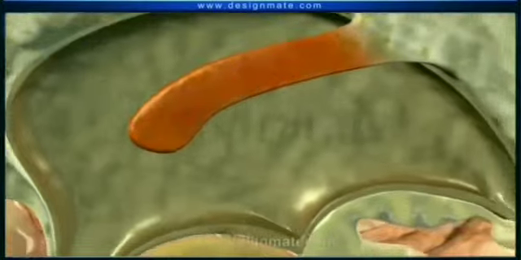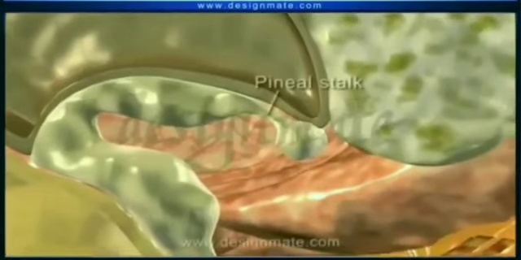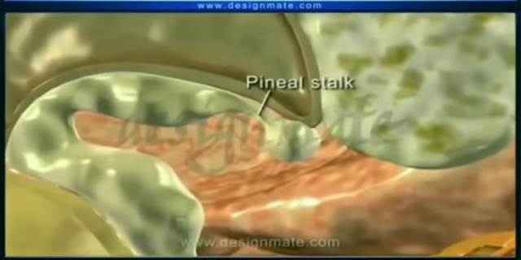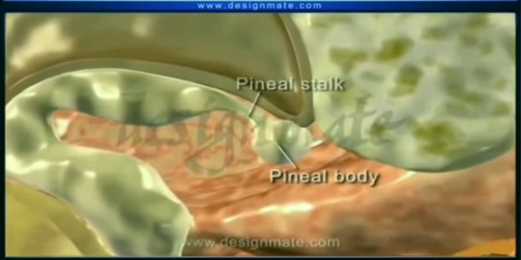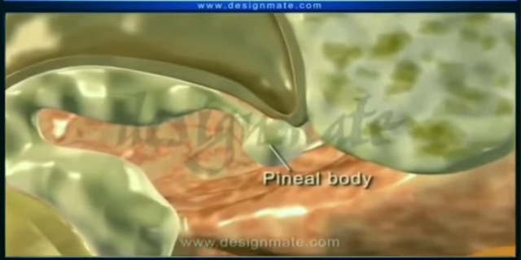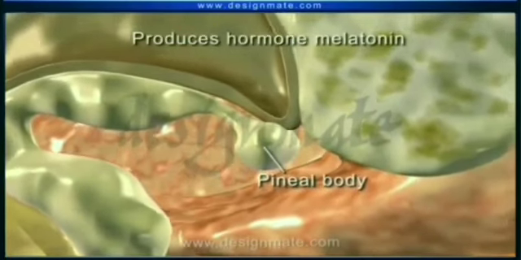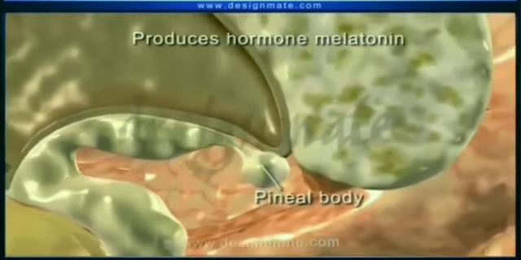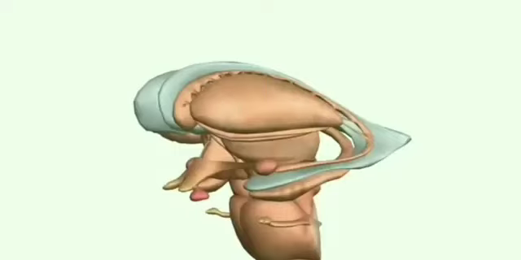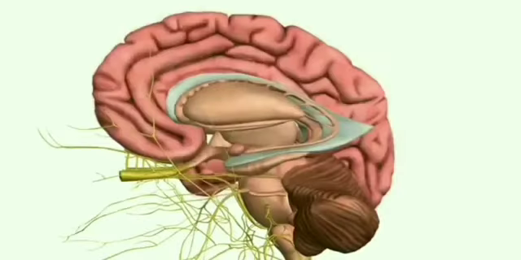From its dorsal wall, it is connected to the pineal gland through a pineal stalk. Earlier, this gland was thought to be vestigial, but later it has been found to produce a hormone, melatonin, that is the sleep-inducing hormone.